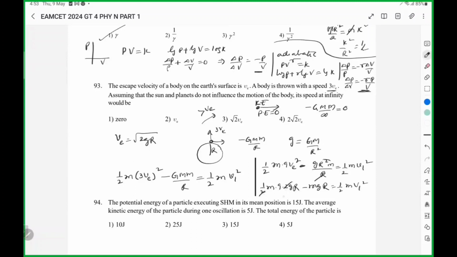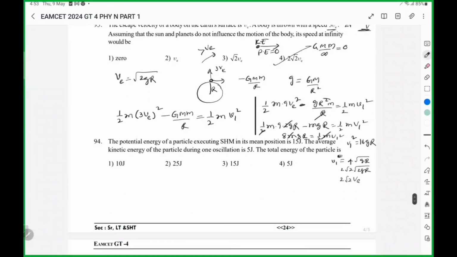So 2 gets cancelled. 8mgr equals half m v1 square. So v1 square is 16gr. So v1 square will be 4 times... so v1 is 4 root gr, which is 2 root 2 times root of 2gr, 2 root 2 times escape velocity.